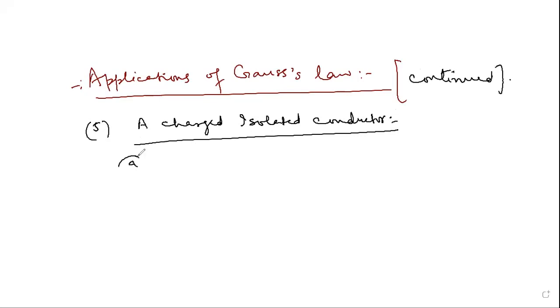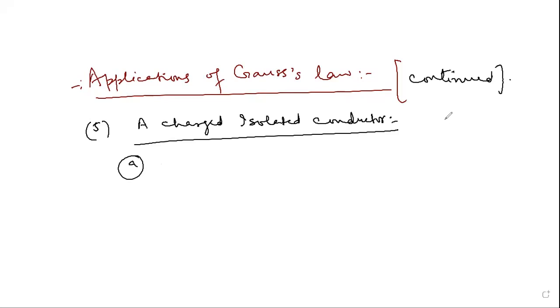One result or property of this charged isolated conductor we already established using Gauss's law. That result was, I will state it to remind you, an excess charge placed on an isolated conductor moves entirely to the outer surface of the conductor. None of the excess charge is found within the body of the conductor.